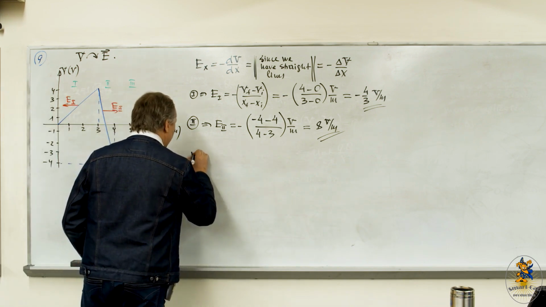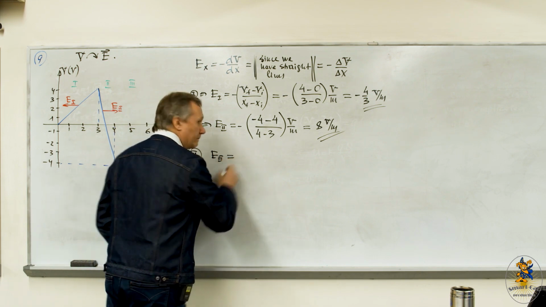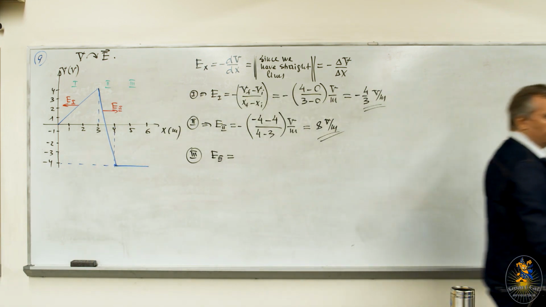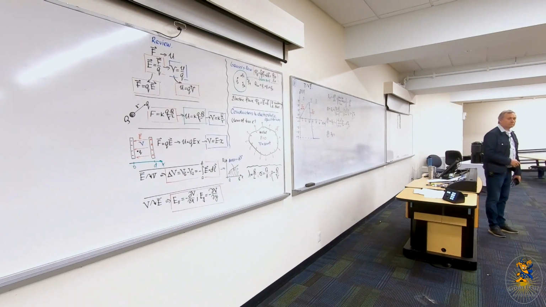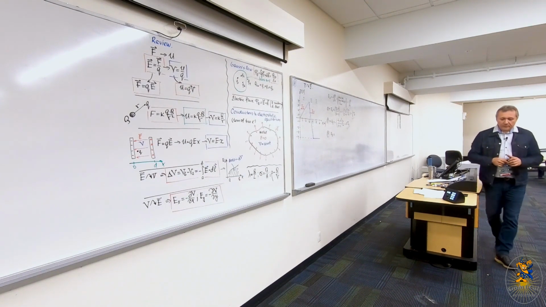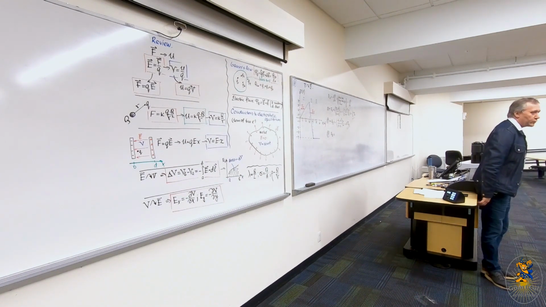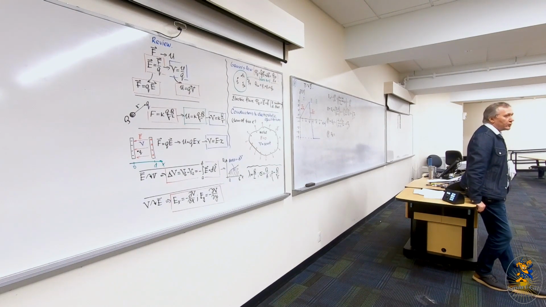And region number 3. I didn't show it in classes or in the lectures, right? So you can do it by yourself, but it can be easily shown by playing with units. Newtons per coulomb or volts per meter, it's the same thing.